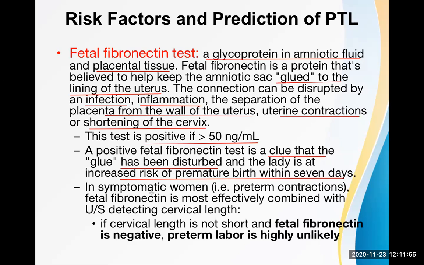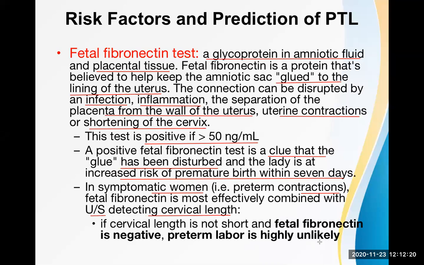In symptomatic women, meaning whenever they develop uterine contractions before 37 weeks of gestation, fetal fibronectin is most effectively combined with ultrasound, detecting the cervical length. If cervical length is not short and fetal fibronectin is negative, preterm labor is highly unlikely.